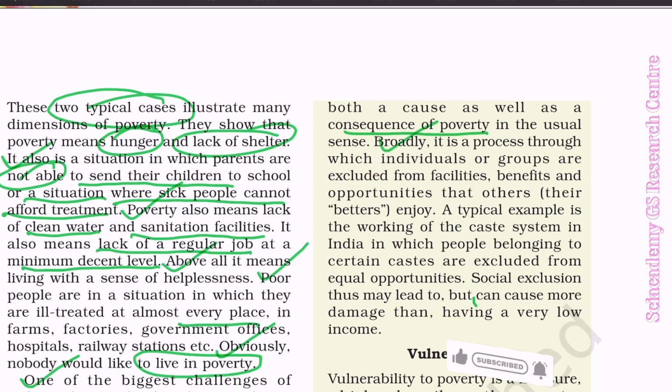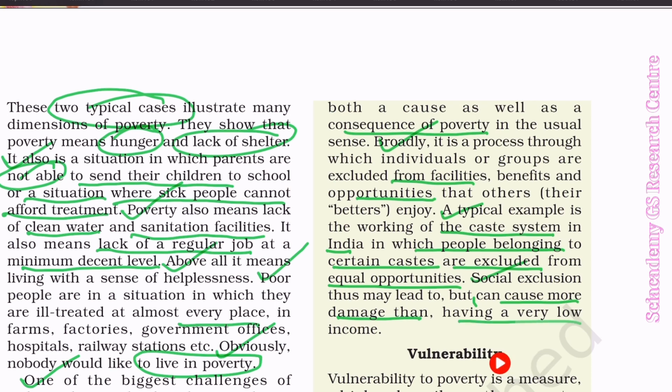Broadly, it is a process through which individuals or groups are excluded from facilities, benefits, and opportunities that others, their betters, enjoy. A typical example is the working of the caste system in India, in which people belonging to certain castes are excluded from equal opportunities. Social exclusion thus may lead to, but can cause more damage than, having a very low income.